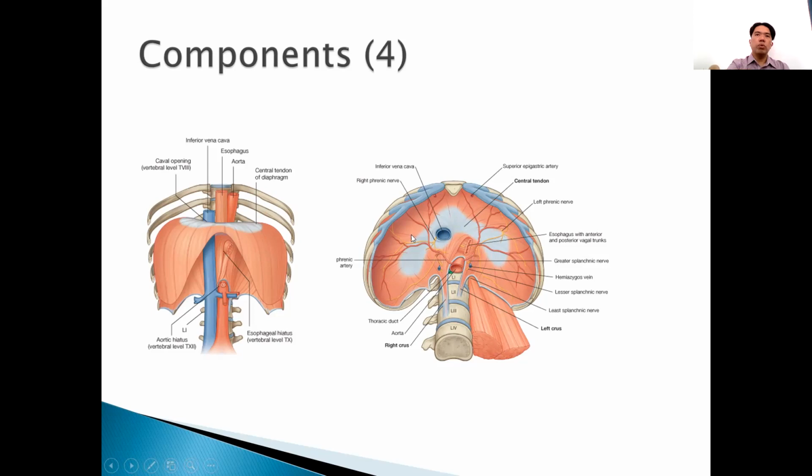Crux meaning where both the right diaphragm and the left diaphragm pass. So it's called the crux, a termination point. So you see here that the crux would insert at the L2 and L3 of the lumbar vertebra. So you have the aorta, the esophagus, and the IVC.